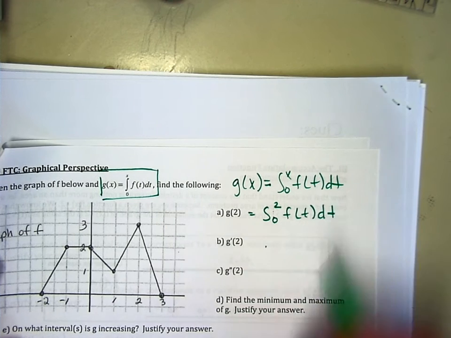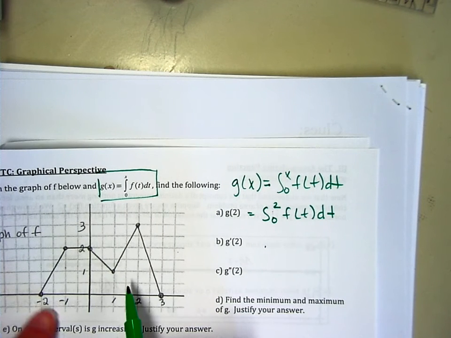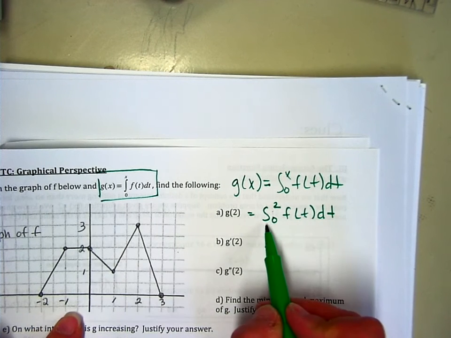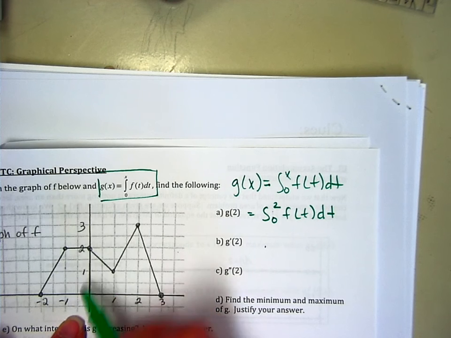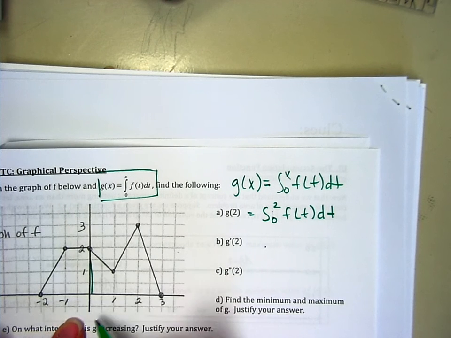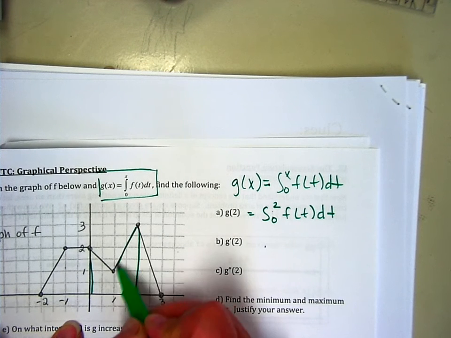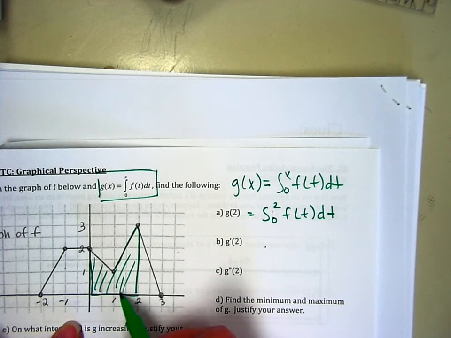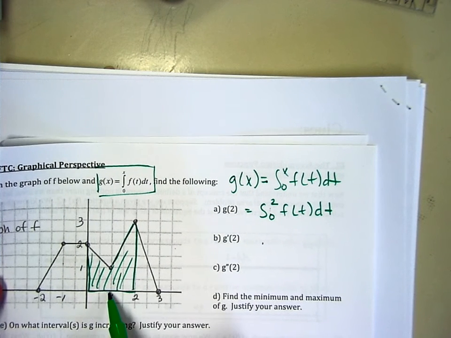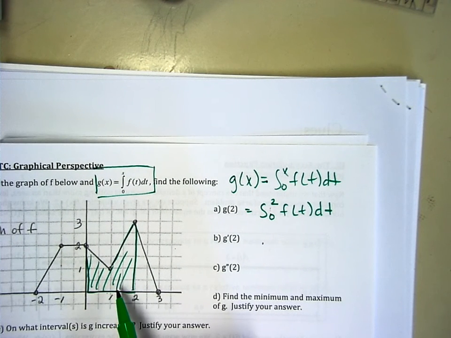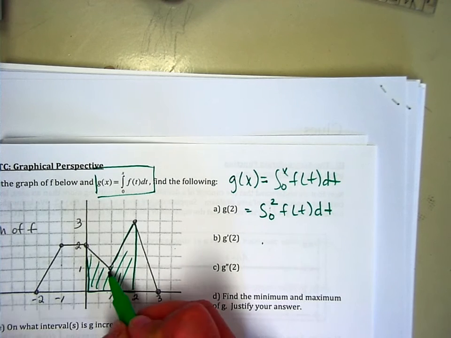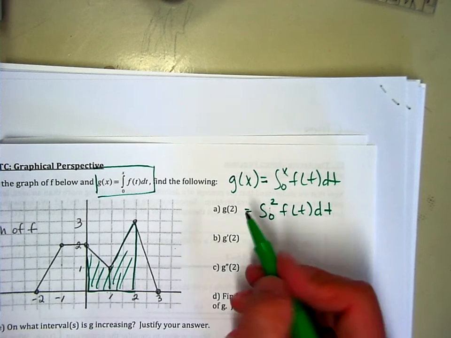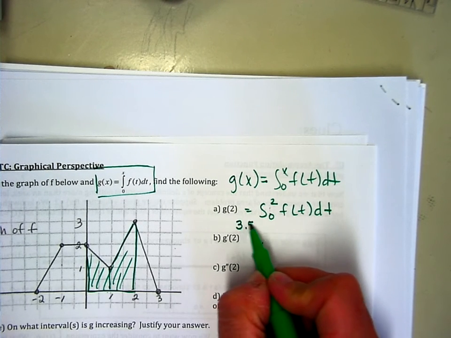And we learned that as long as the function is above the x-axis, the definite integral from 0 to 2 would just really be the same as the area underneath the curve from here to here. So what's asking us to do is just find this value. I'm going to do it geometrically, and if you do it geometrically, the area of this trapezoid plus the area of this trapezoid should get you to 3.5.